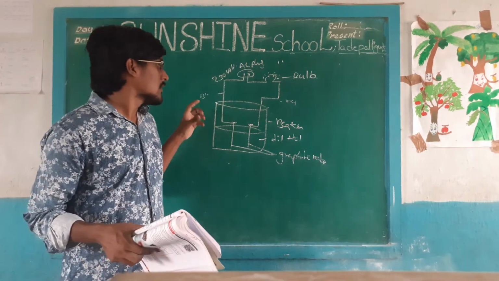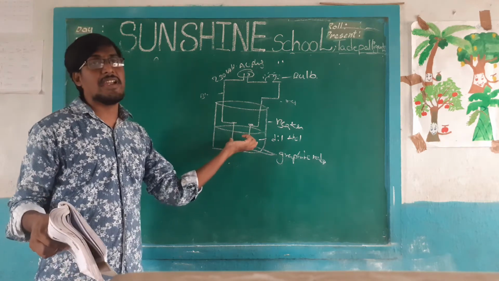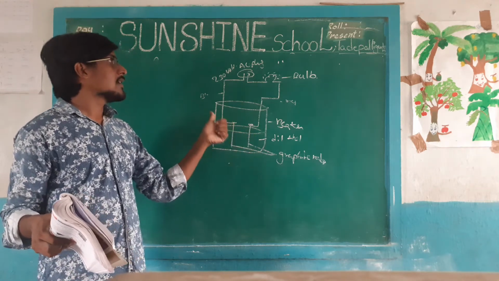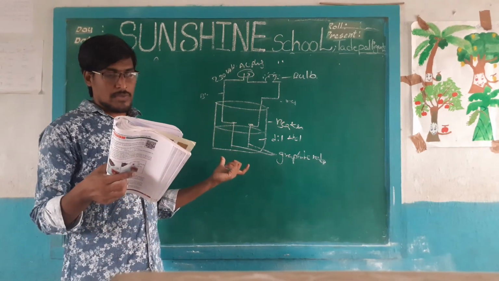These two are the graphite rods. So connect the electrical wires to these graphite rods.